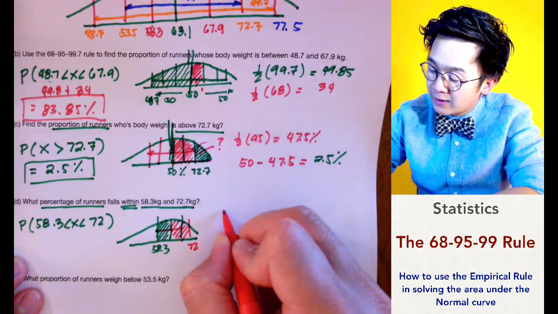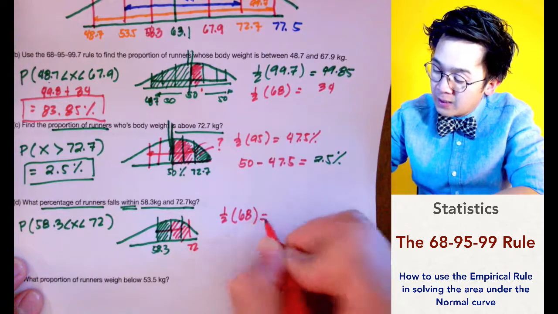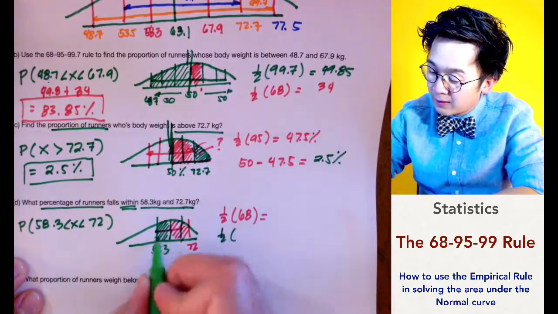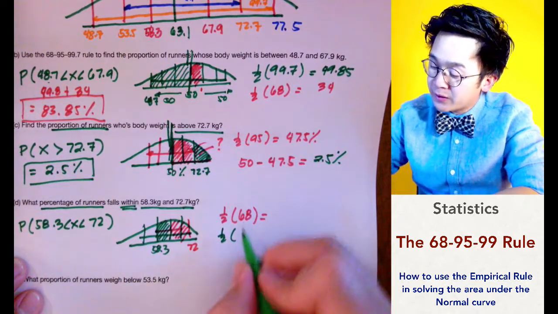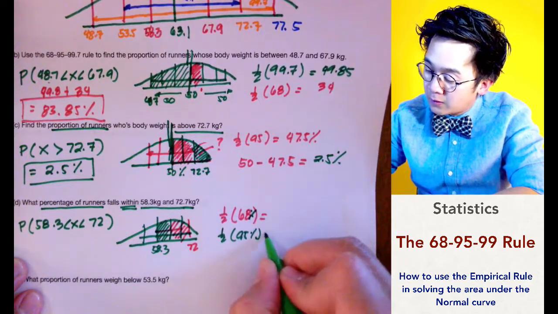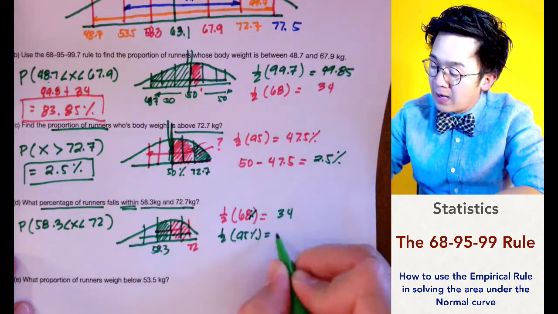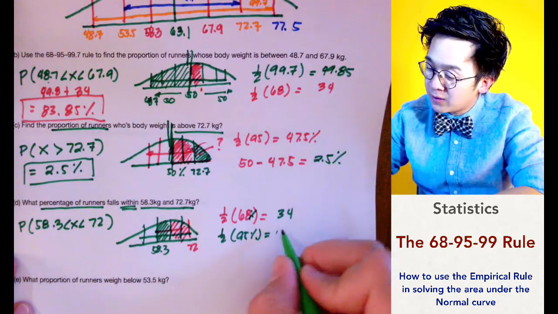So, ang kailangan lang natin ay yung kalahati ng 68%. At doon naman sa kabila is kalahati naman ng 95%. So, ang half ng 68% ay 34 at ang half ng 95% is 47.5.